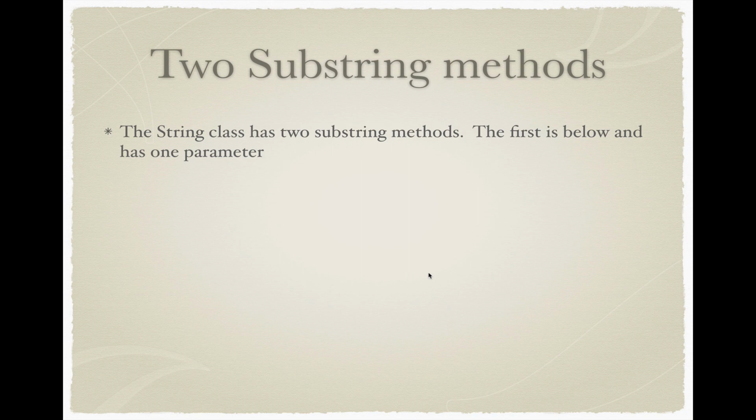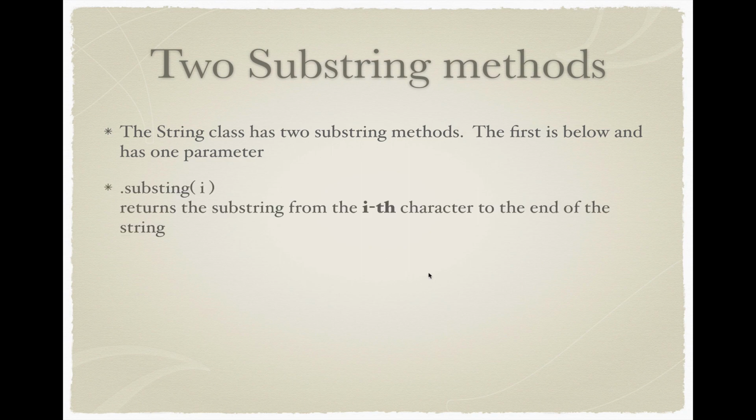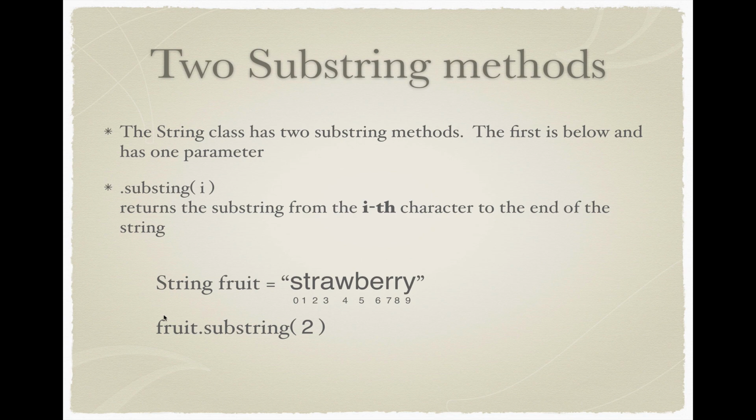Now we have two substring methods. The first has one parameter. So if I do dot substring(i), it returns from the ith character to the end of the string. So for example, if I have a string fruit and it's strawberry, if I return fruit.substring starting at 2, well, it starts at spot 2.